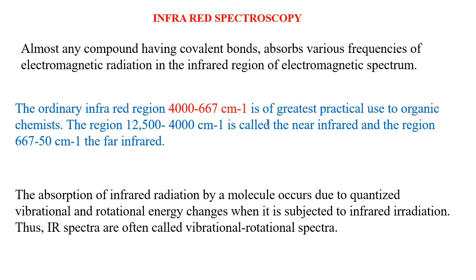Okay. See, almost any compound having covalent bonds absorbs various frequencies of electromagnetic radiation in the infrared region of the electromagnetic spectrum. Any organic compound having covalent bonds absorbs various frequencies in the infrared region, right?